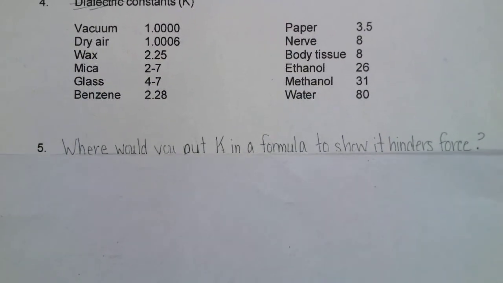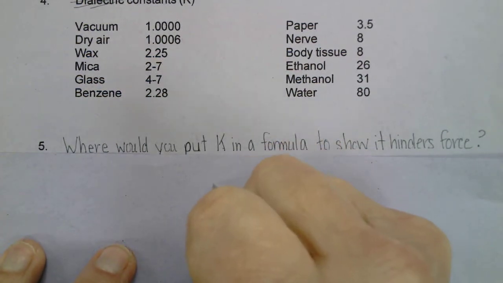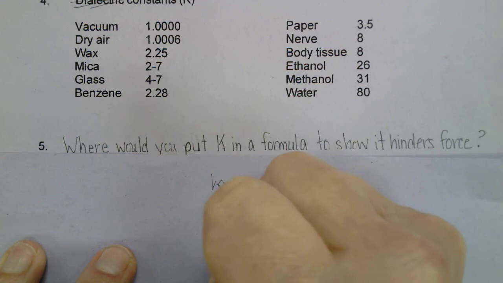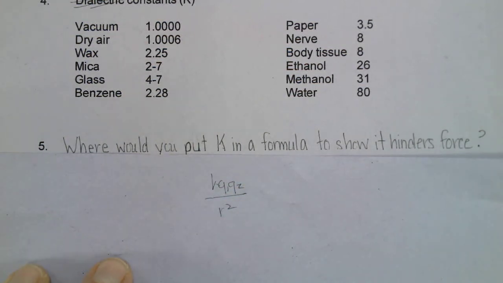All right, where would you put K in a formula to show that it does hinder the force? So my original formula is lowercase k q1 q2 all over r squared. So if I have this formula, where am I going to put the capital K?